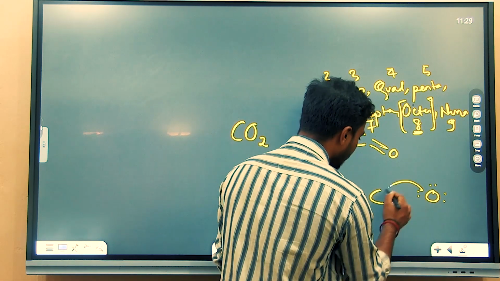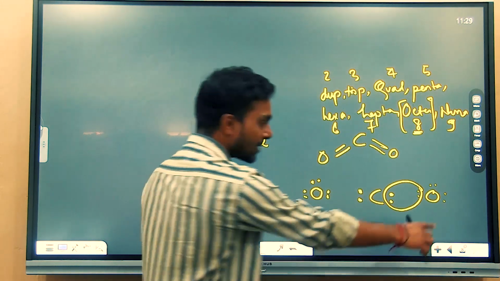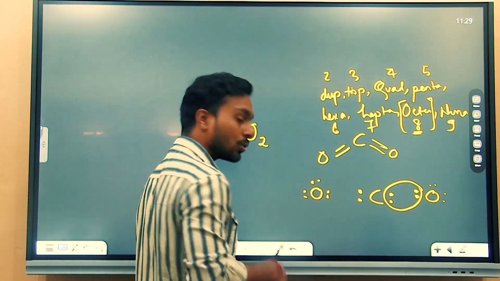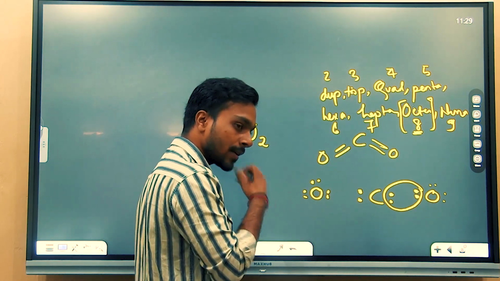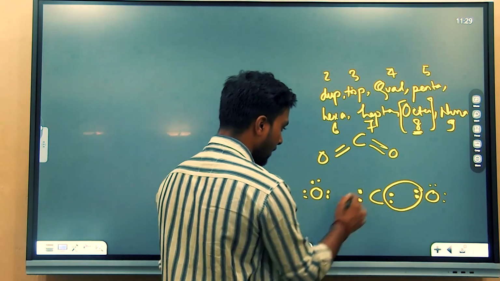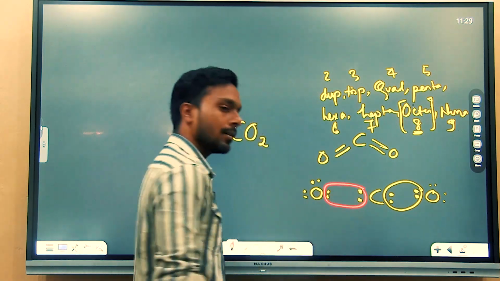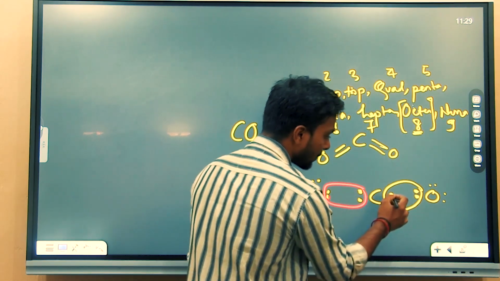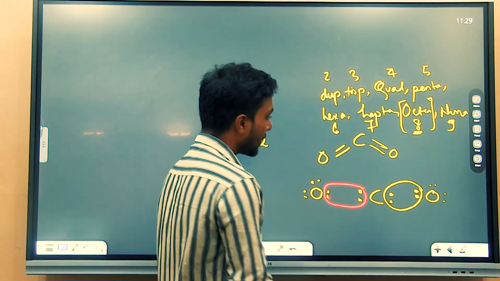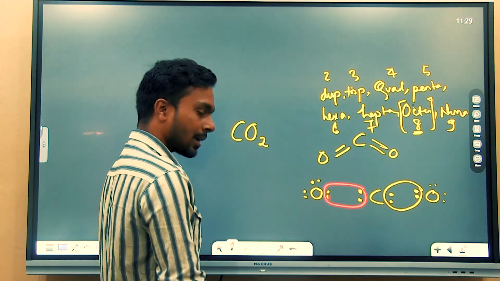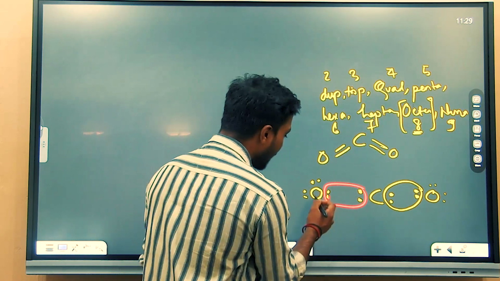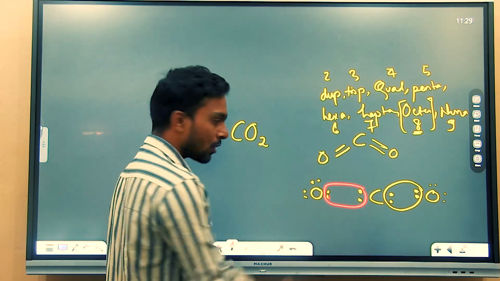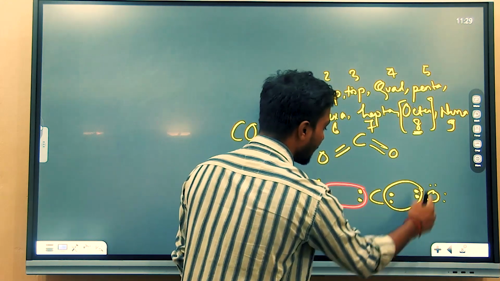So 2 electrons from this oxygen, and 2 from here. How many now? 1, 2, 3, 4, 5, 6, 7, 8. Can you see? Now tell me about the oxygen. How many electrons does it have along with the sharing? 8. This is also having 8.